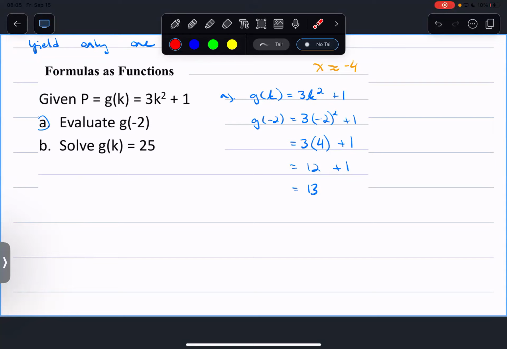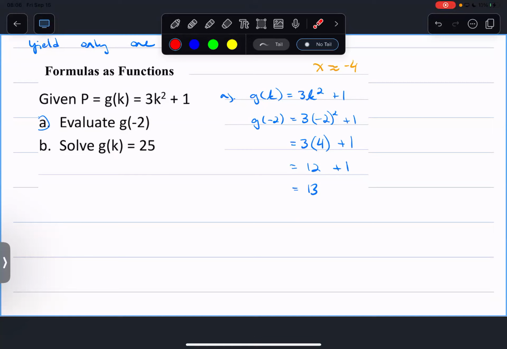And so the first thing we did was we evaluated g of -2, right? And remember, the term evaluate just means you plug in an input and you get an output. Whereas solving is when you are given an output and you have to work backwards to find the input that makes that true, right? That's the difference in terminology.